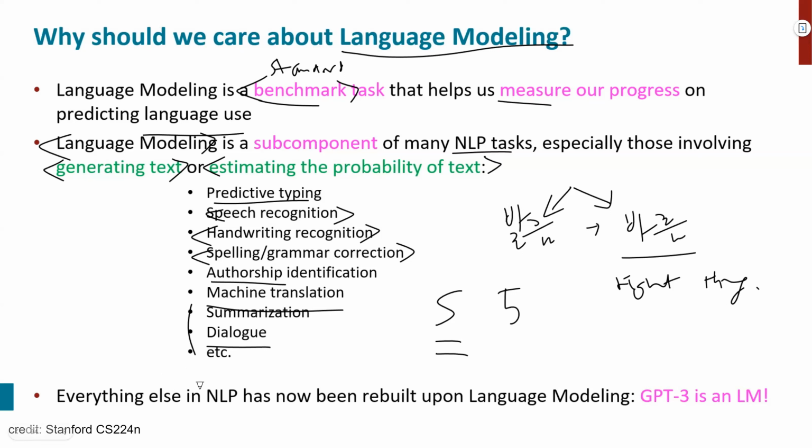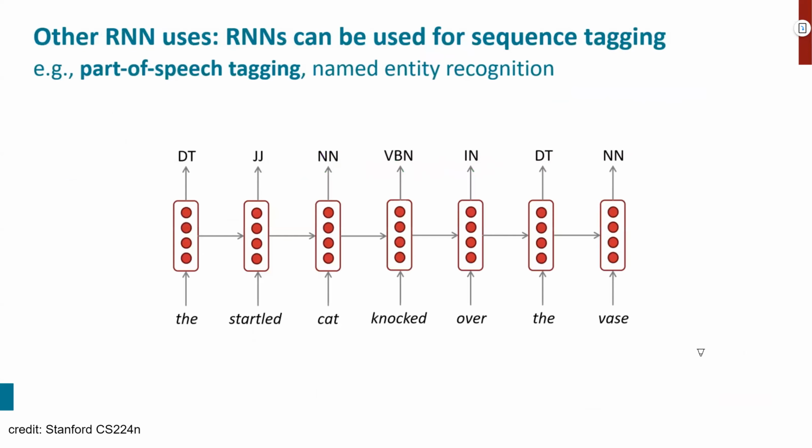And everything else in NLP has now been rebuilt upon language modeling. And nowadays, people are very well aware of ChatGPT. And ChatGPT is also one type of language model. And as you can see from this example, language modeling enables a large variety of tasks in NLP.